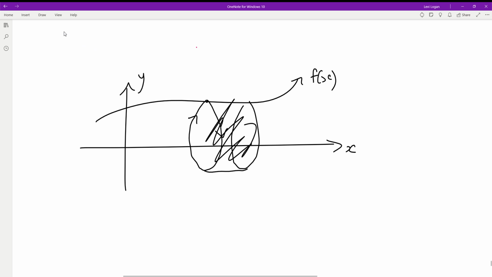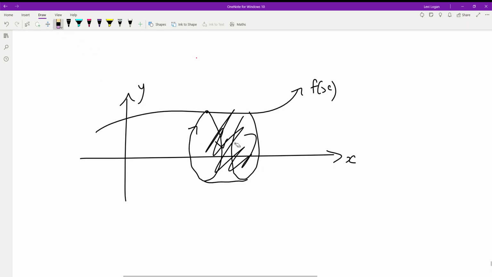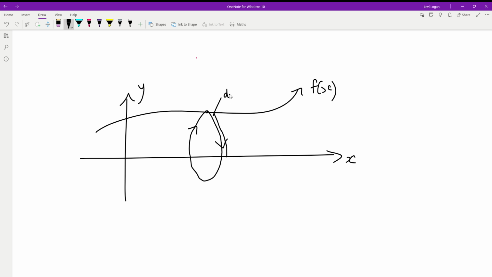Some volume looking thing. If I take a look at this, I'm going to get this kind of little disc here. Now let's say I need this incremental distance. So for example, all along here, that's going to be dx. Okay? Now, if it's getting rotated around the x-axis, that means this is going to be a circular path. So this bit here is going to be completely circular.